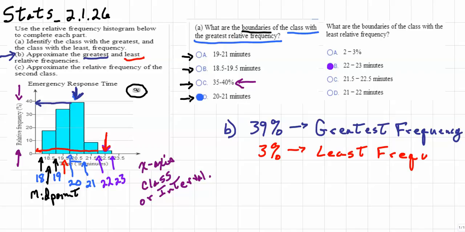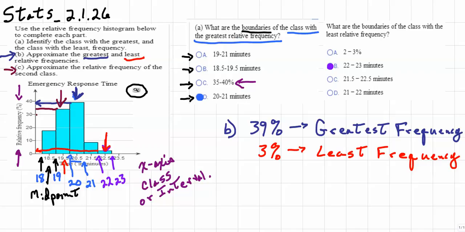And then the last part of this problem is part C, which is approximate the relative frequency of the second class. Well, the second class is this one right here. And so I want to go ahead and approximate it. Let me move my arrow up just a little bit so I can look at this. And I'm going to bring this across.